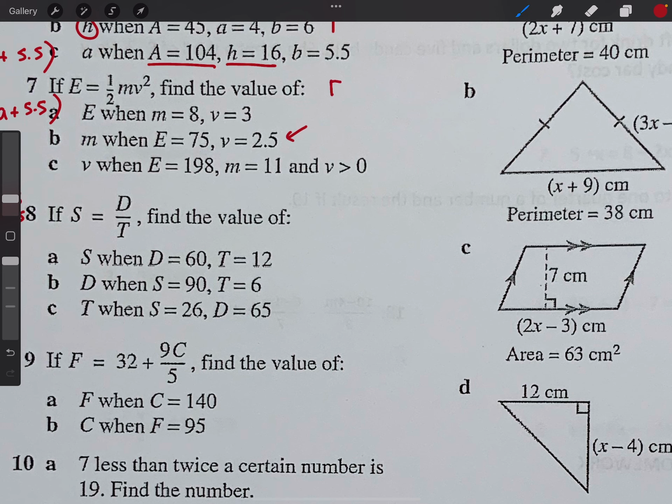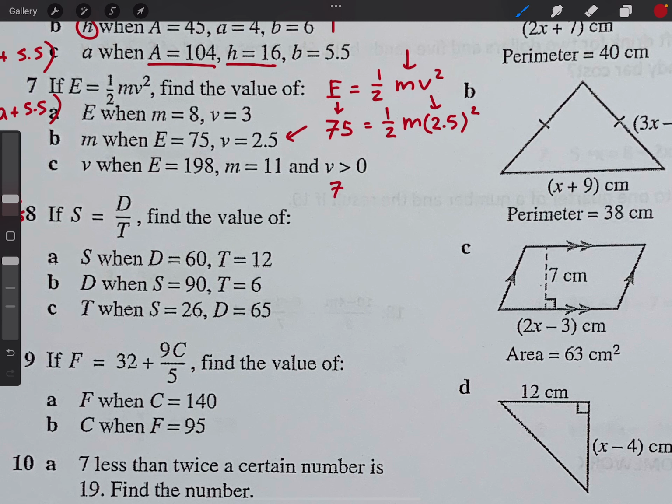So E is equal to a half m times v squared. We need to find the value of m, given that E is equal to 75, so 75 equals a half times m. We don't know what m is, but we're given that v is 2.5, so that's times 2.5 squared.